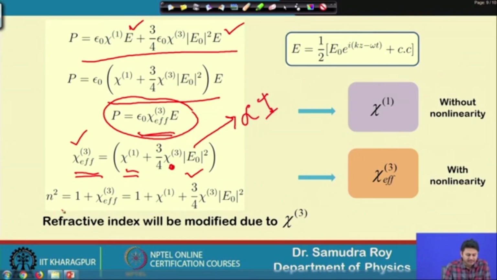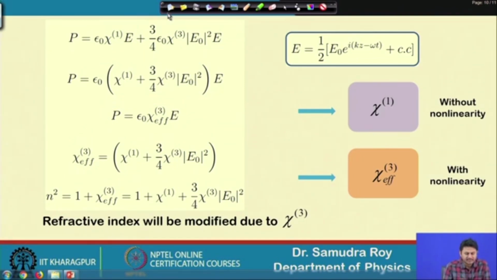So, finally, if I write these things in terms of refractive index, which is a more physical term, then the refractive index square, n square, is 1 plus susceptibility, we know. Now, in place of susceptibility, we write the effective susceptibility. So, 1 plus chi effective. Chi effective again can be represented in terms of this.